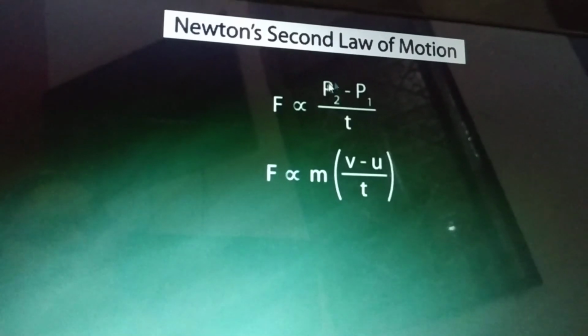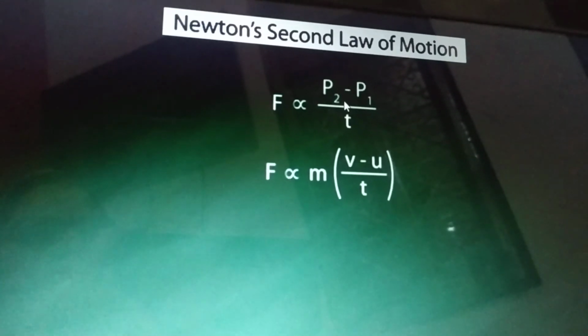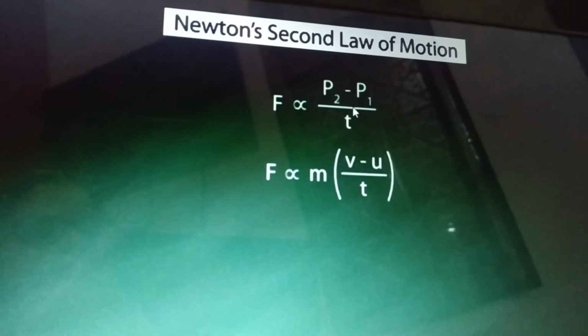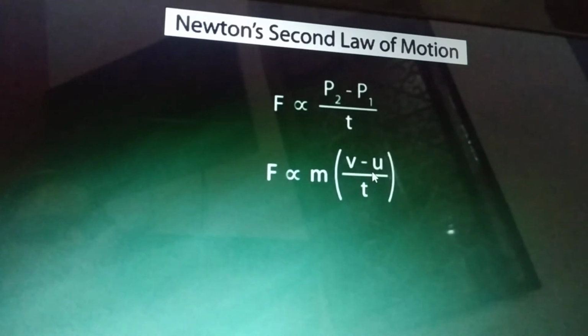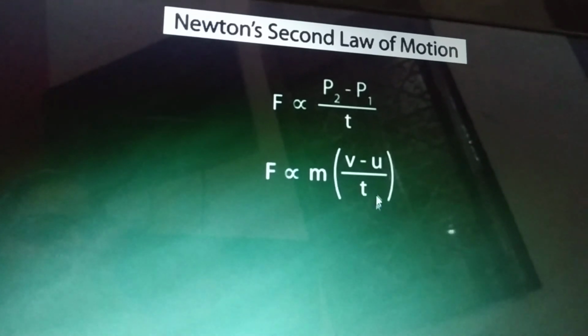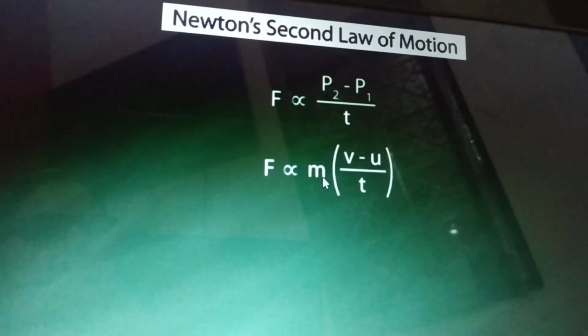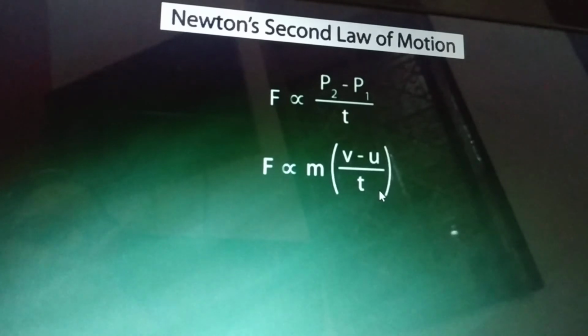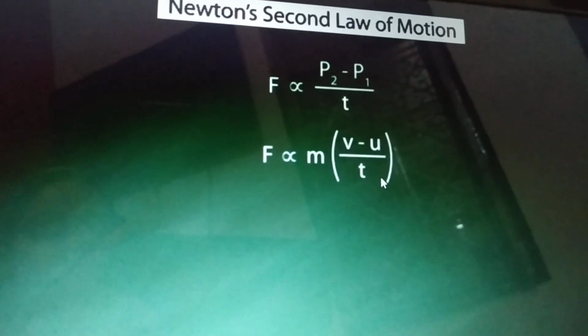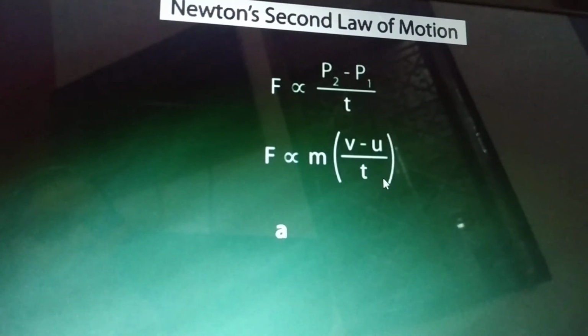So we just proved it. p2 minus p1 divided by t is equal to m(v minus u) divided by t, likewise, right? So we can write force is also proportional to m into (v minus u) divided by t. I hope this is understood by all of you, right?